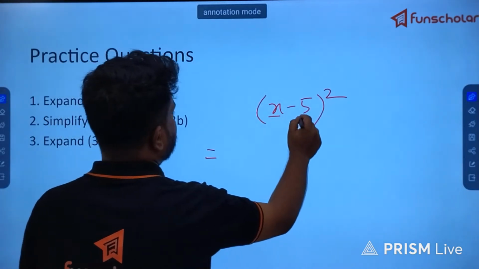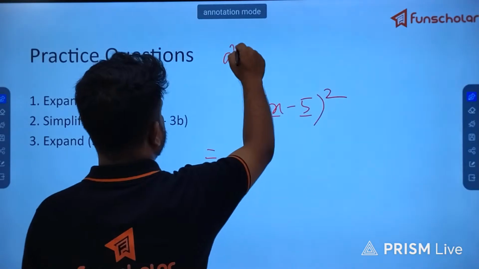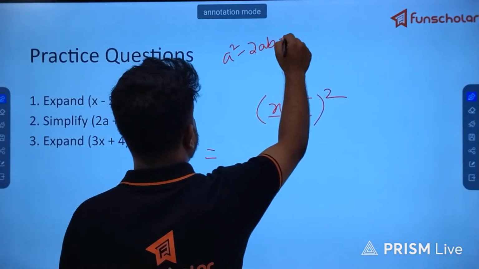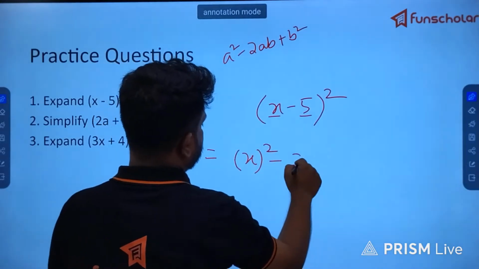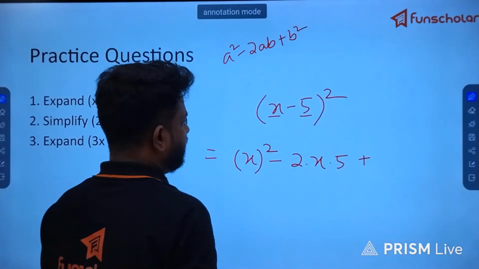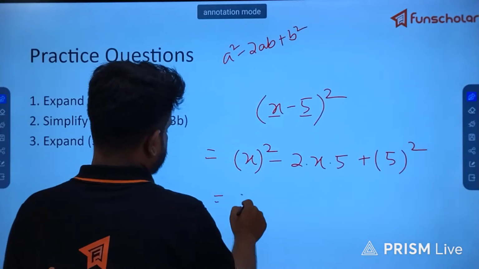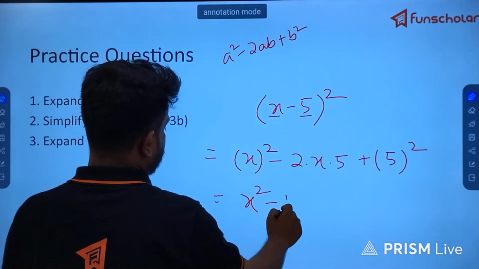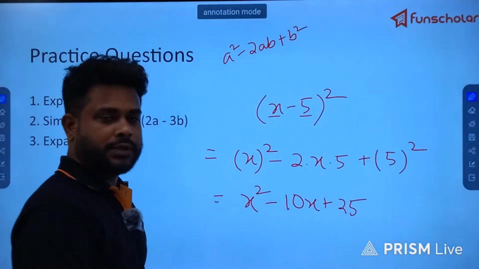So we will take x as a and 5 as b, and the formula is a square minus 2ab plus b square. So it will be x square minus 2 into a into b plus b means 5. So it will be 5 square. So the answer will be x square minus 10x plus 25. Done.